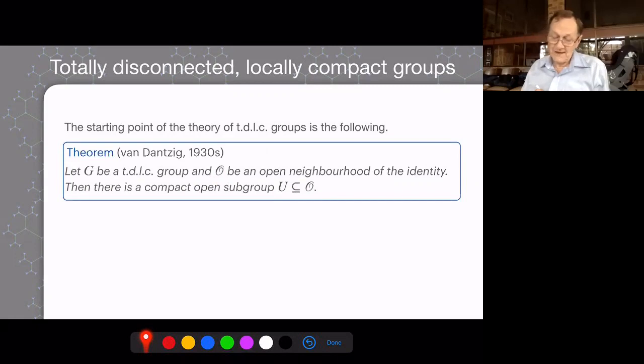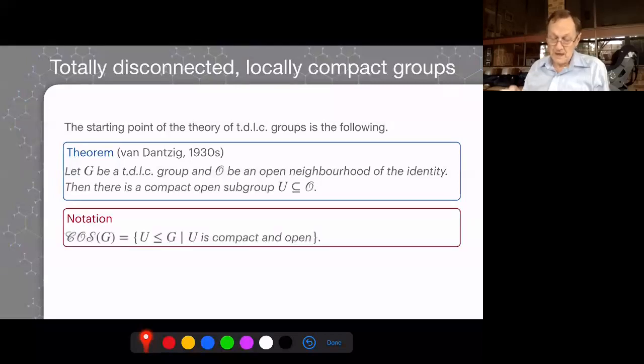So another way of saying that is that totally disconnected locally compact groups have small compact open subgroups. And I'm going to be talking about the compact open subgroups quite a bit, so I'll have this notation for the set of all compact open subgroups of the group.